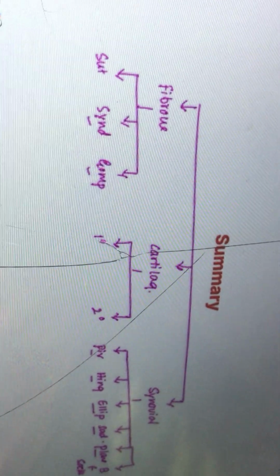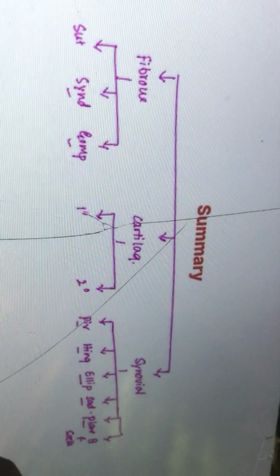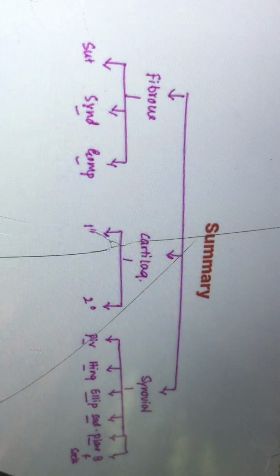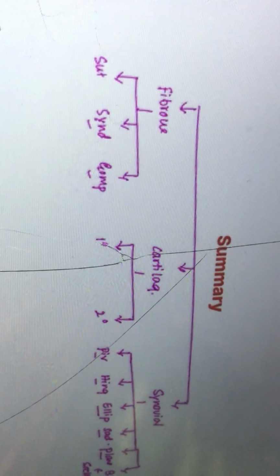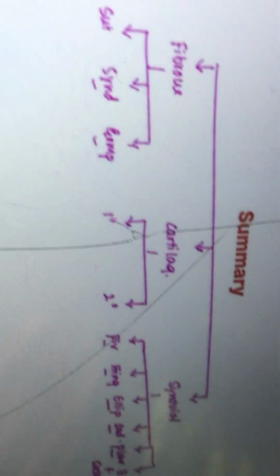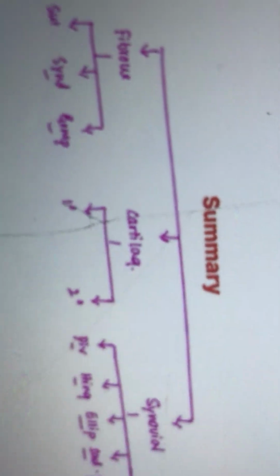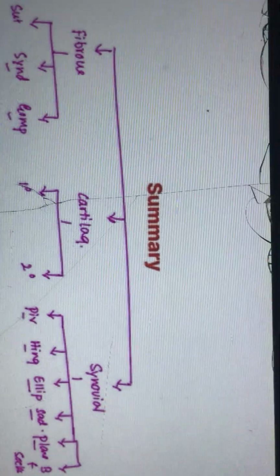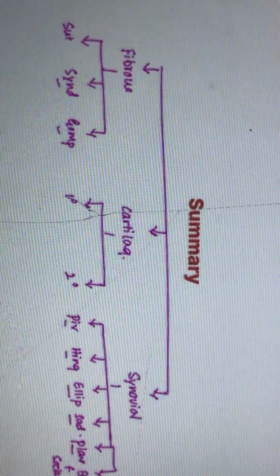Plain synovial joints are found between the tarsal bones and the carpal bones or between the metacarpal bones and the metatarsal bones. So intercarpal, intertarsal, intermetatarsal and intermetacarpal joints all are examples for plain synovial joints. And then ball and socket type of joint is found in the shoulder joint, hip joint, incudostapedial joint, and talocalcaneonavicular joint. Right?